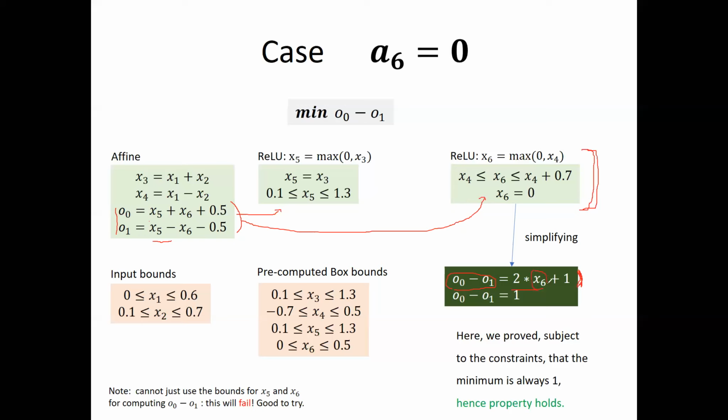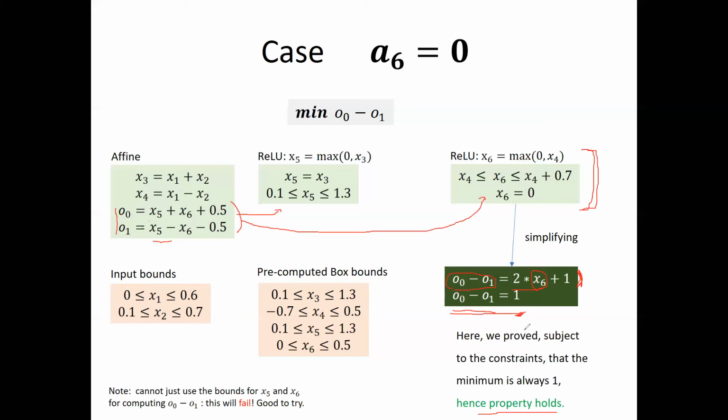You can look at the value of x6, and you know that x6 is 0. Because x6 is 0, O0 minus O1 is going to be equal to 1. And so if O0 minus O1 is provably 1, then you have actually proved that the minimum of this difference is always 1, no matter what. And so you have proven that the property holds.